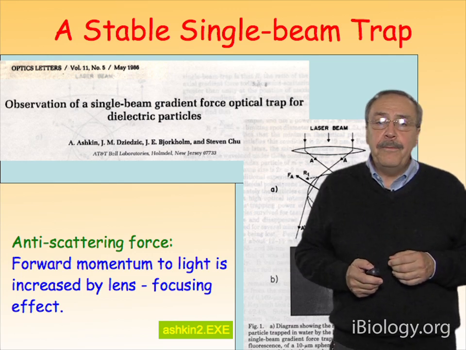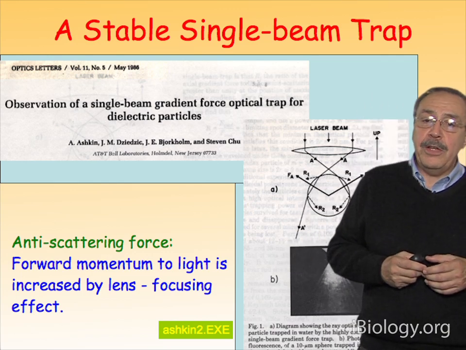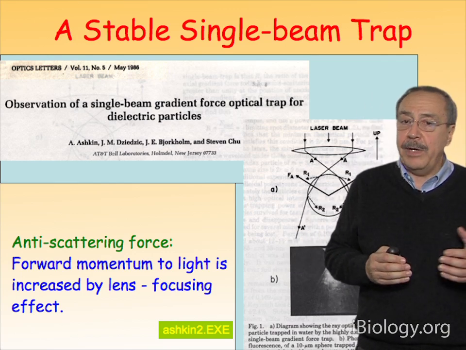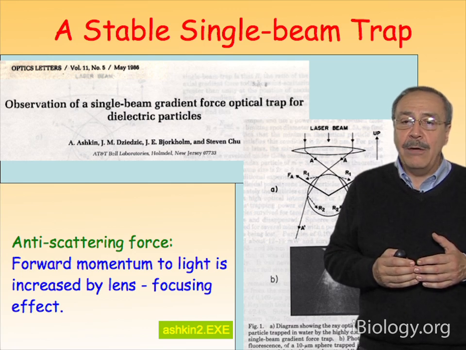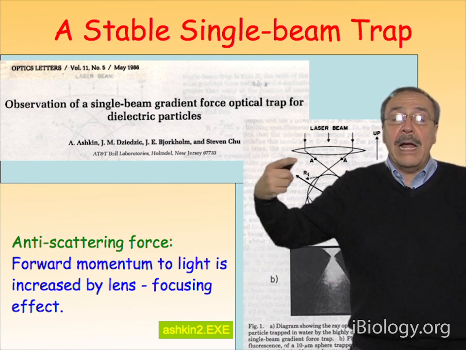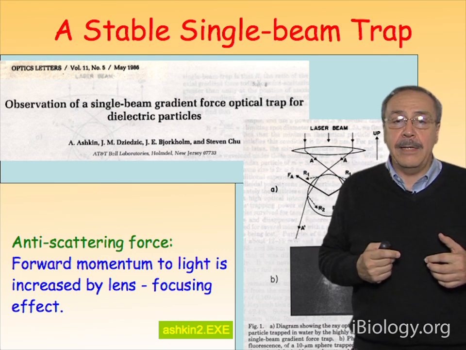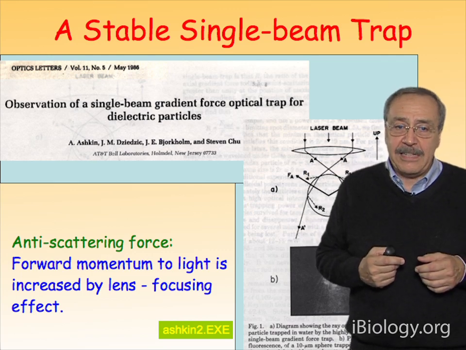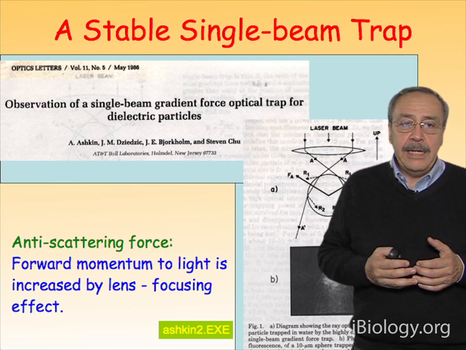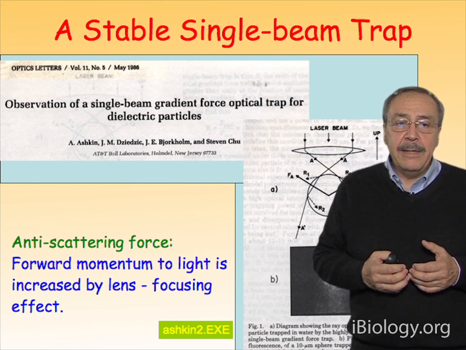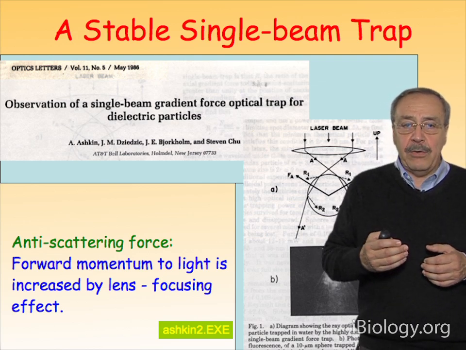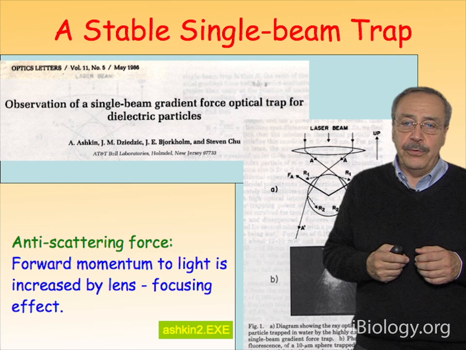Okay, so in fact, this demonstration that having a high numerical aperture lens allows you to stably trap an object without having to use two counter-propagating beams of light, as originally proposed by Ashkin, was also published in the 1980s by Arthur Ashkin in collaboration with Steve Chu, as you see here.